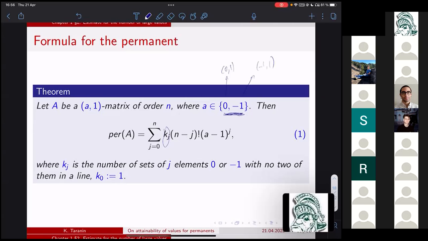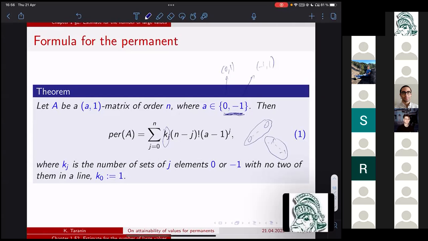So K_j is the number of zeros or -1s without 2 of them in a line. So they should be positioned diagonally with respect to each other.